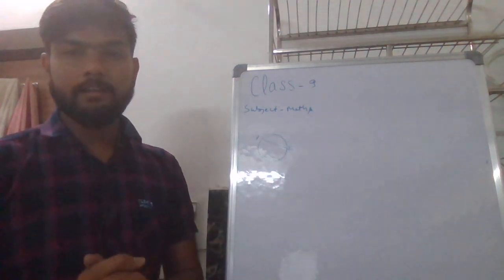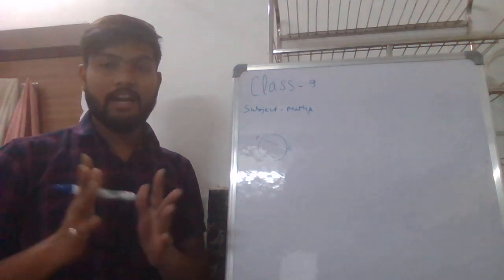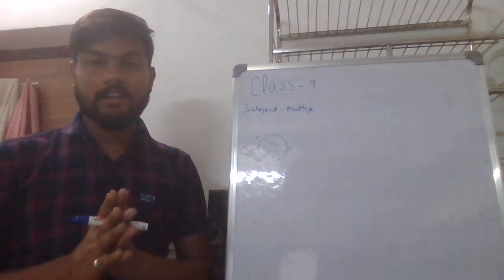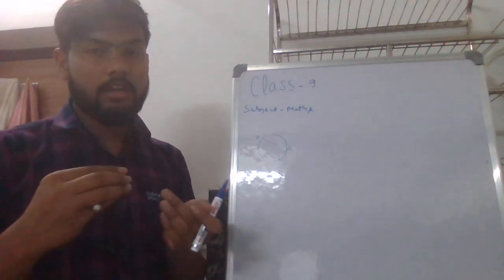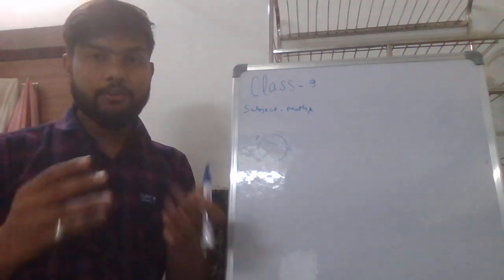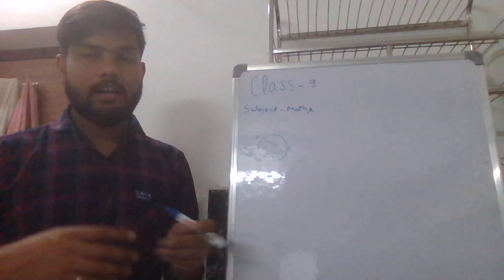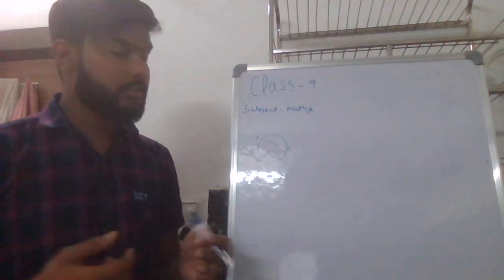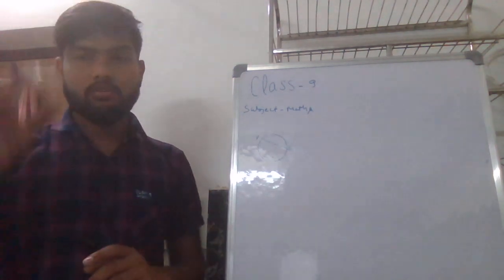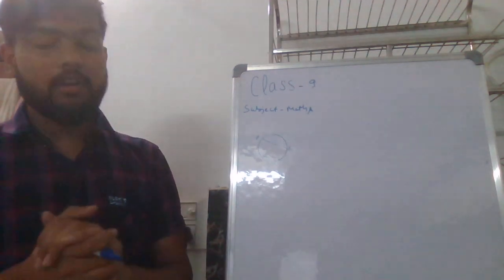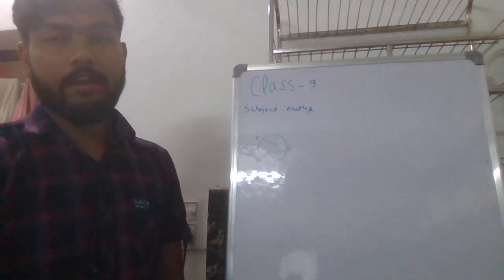In our last class we have seen that the chords subtend equal angles at the center: angle AOB, angle COD.